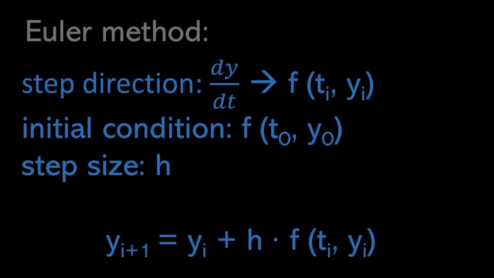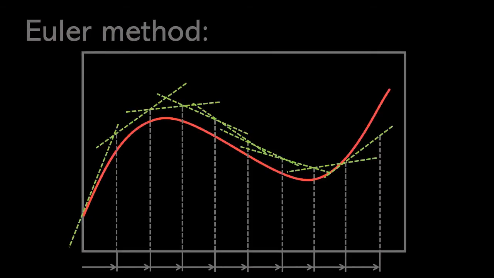So the subsequent point on the curve can be computed using this equation, where a step of step size h is taken in the direction specified by the tangent line. This is a visual representation of what the Euler method might look like, where each of these intervals is step size h.